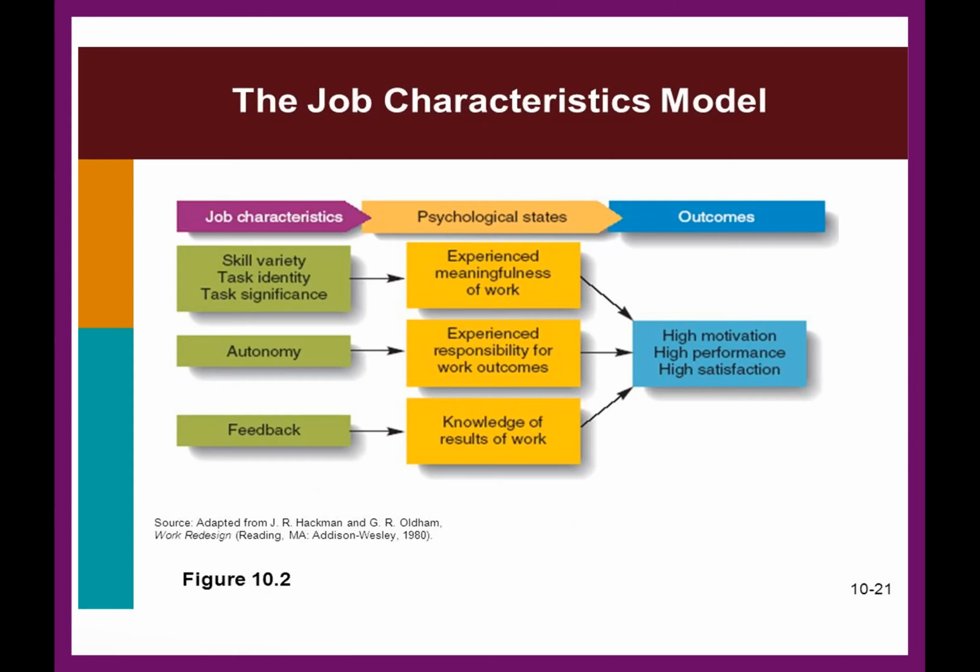The fourth element is autonomy: to what extent the employees can control the resources and arrange the job. If there is a high level of autonomy, the employees will feel that they have a high level of responsibility for the work outcome.